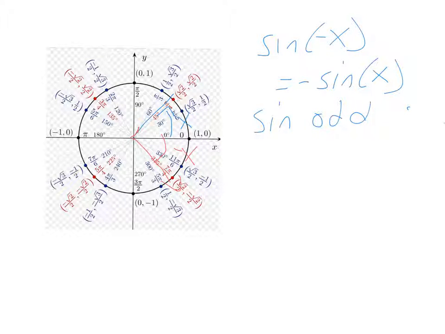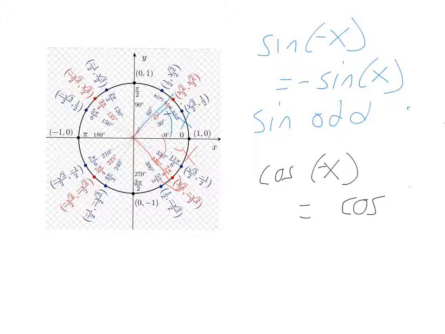Likewise, if you were to do cosine, cosine is still positive regardless of which direction you go in. So if you take cosine of positive x, and instead you were to take negative x, go in the negative direction, cosine would still have the same sign.